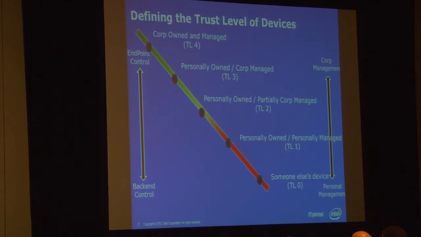At the very top is the traditional PC that's corporately owned, that's corporately managed, that's fully trusted on our network and all that other stuff. So we define these trust levels, and those trust levels can be defined based on the device that you're on, who you are, on where you are, and it combines all those to determine your trust level.